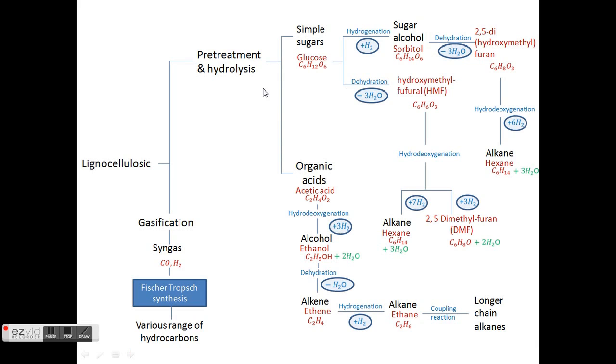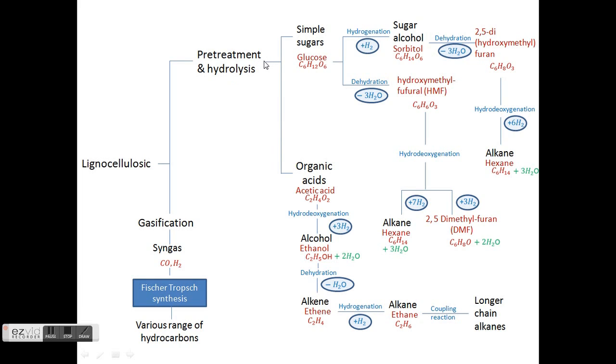Sorry, I can't find my cursor. So this could be biochemical or chemical, depending on how your hydrolysis is performed and how your pretreatment is performed. We can have biological pretreatment, we can have enzymatic hydrolysis, we can have chemical pretreatment, we can have chemical or acid hydrolysis. So this can be a biochemical or a chemical process, and then we have a thermochemical process here, gasification.